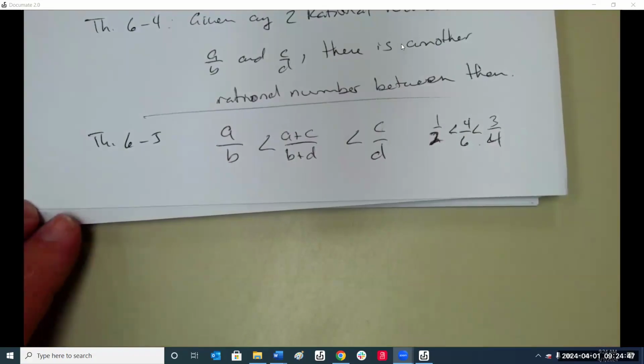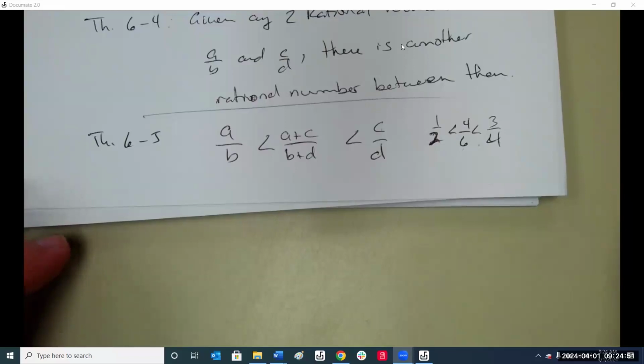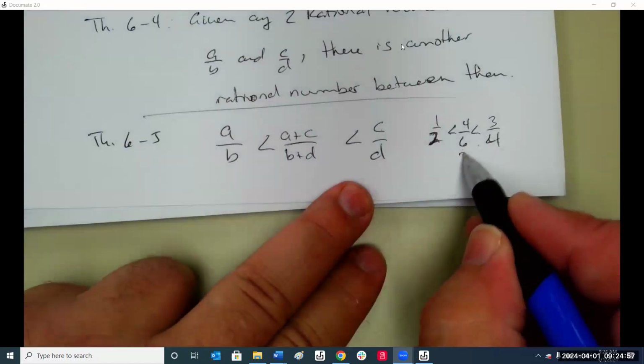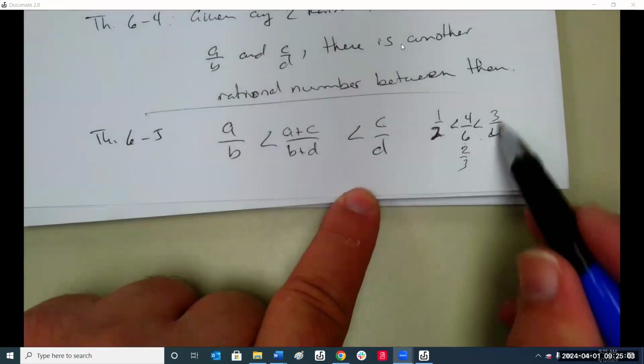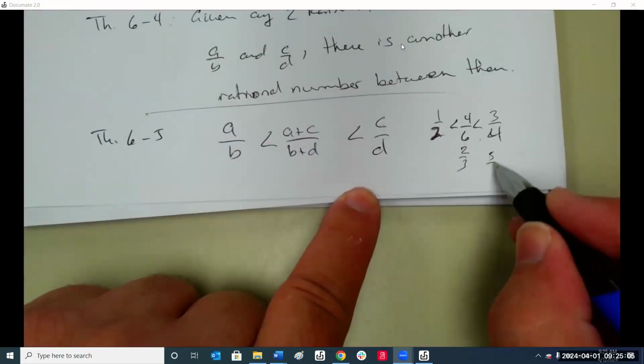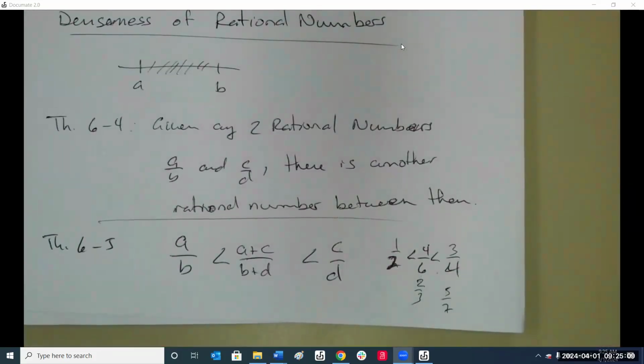It's always going to happen. Now we do the same thing between 4/6 and 3/4. Add the top numbers, add the bottom numbers. And of course, simplify. This one's going to be 2/3. That's between the two. So between 2/3 and 3/4 is 5/7. So we can always add those two numbers. It's always going to give us a number.